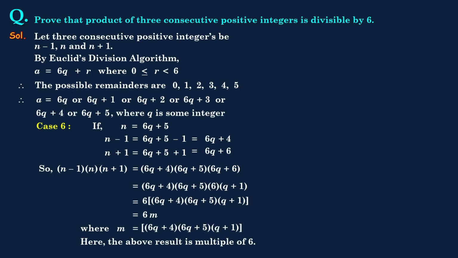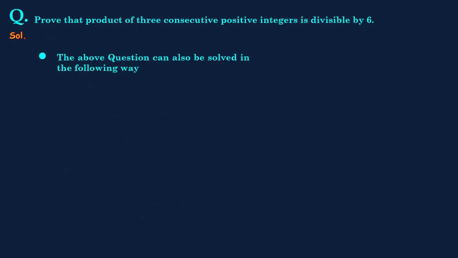So it is divisible by 6. Here we have so many cases we need to show, because whenever there are multiple remainders, we need to show all the cases. So it is divisible by 6.